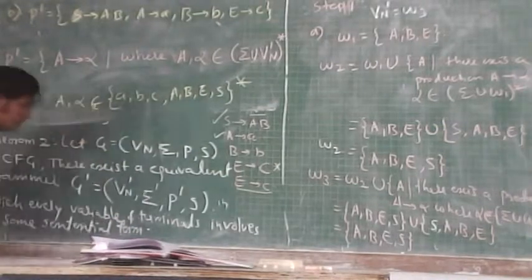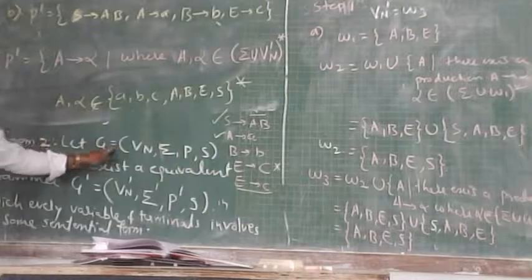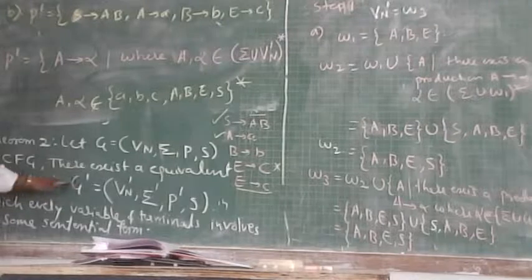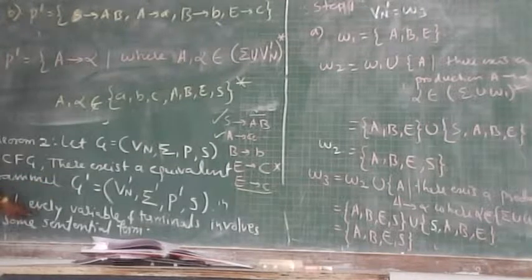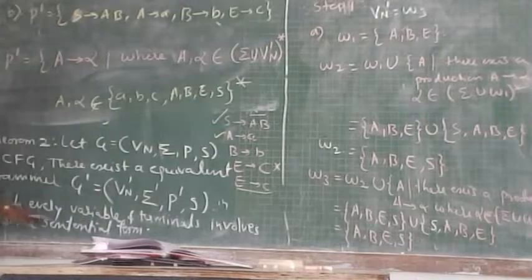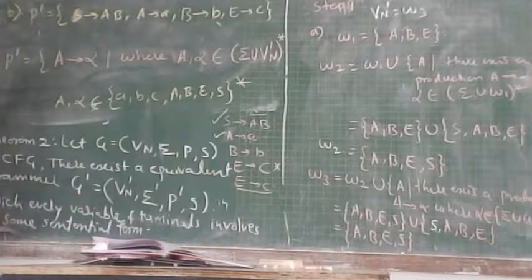What in the second step? The theorem we follow is this one. Let G be a grammar. We want to find an equivalent grammar G dash, where this property we are going to look for: every variable and terminal is involved in some sentential form.